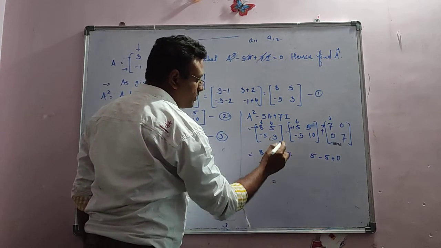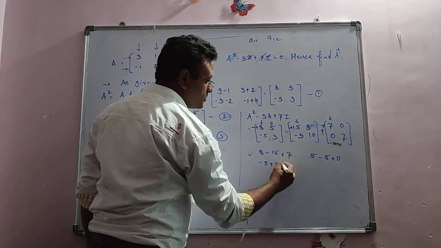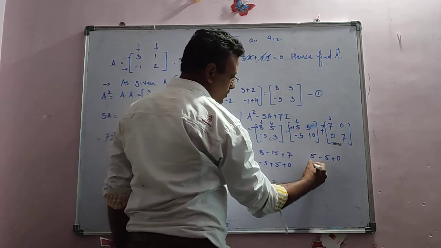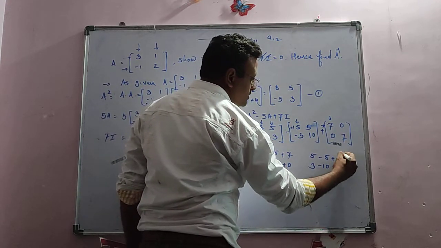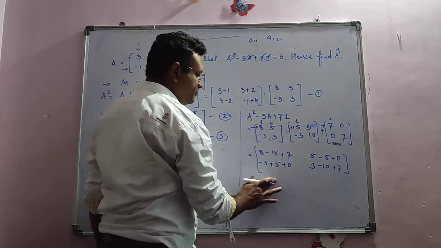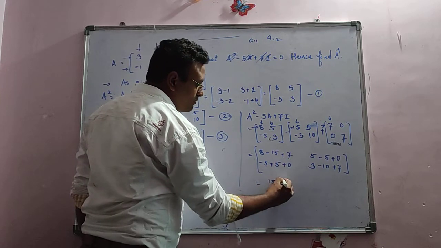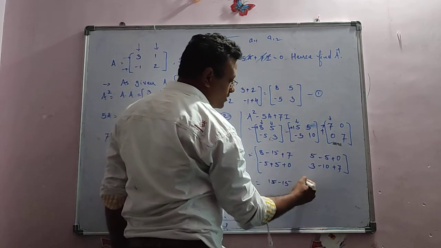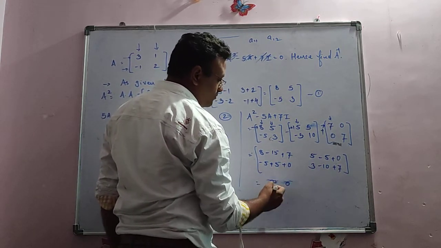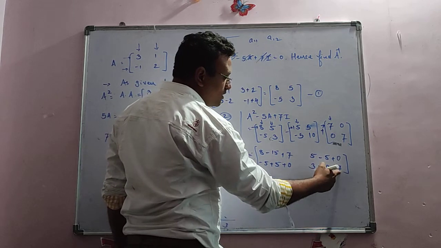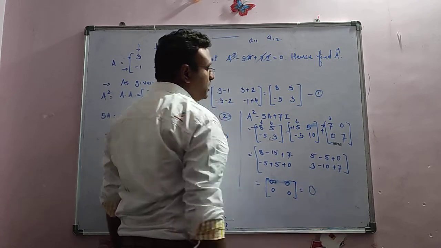Then 3 minus 10 plus 7. So 8 plus 7 is 15, 15 minus 15 is 0, minus 5 plus 5 is 0, and 3 plus 7 is 10, 10 minus 10 is 0. So this is a null matrix, a 0 matrix, and this we have proved.